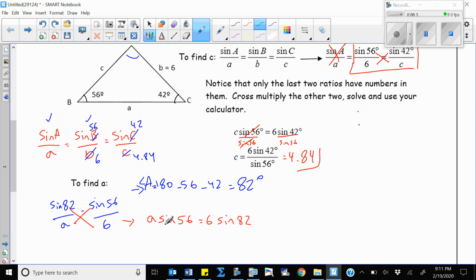Now to solve for A, I divide by sine of 56 on both sides. So A will be equal to 6 sine 82 divided by sine 56.